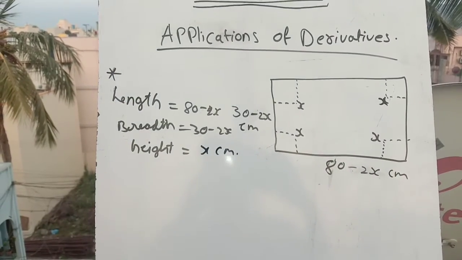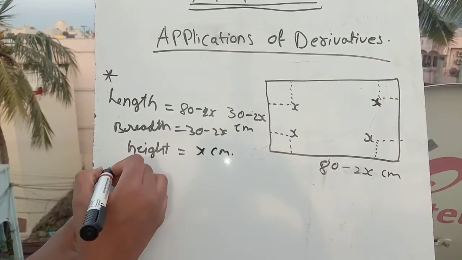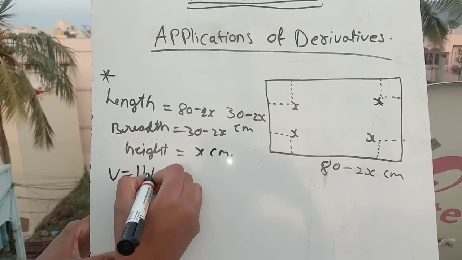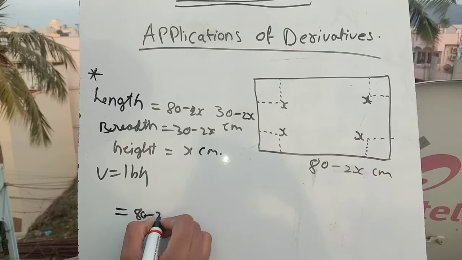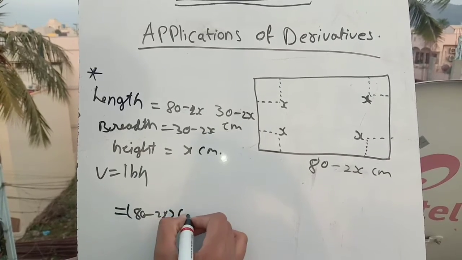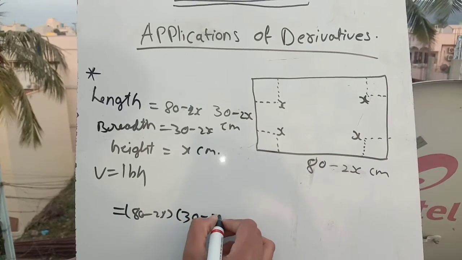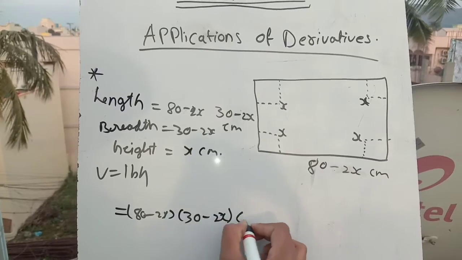So what is the formula for volume? V is equal to LBH. So that is 80 minus 2x into 30 minus 2x into x.